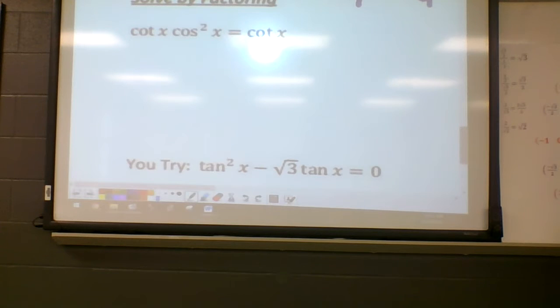When you took the square root, it was just really nice. Square root the top, square root the bottom, then you were good to go, right? All right, what did you get for your x's? There were 4 of them. Pi over 6, 5 pi over 6, 7 pi over 6, and 11 pi over 6.